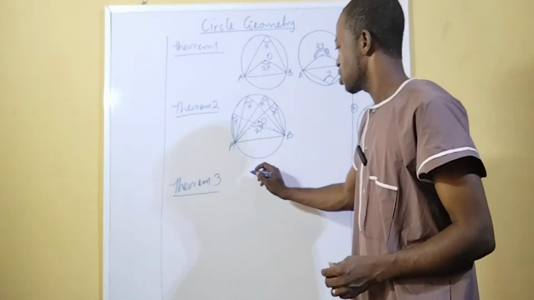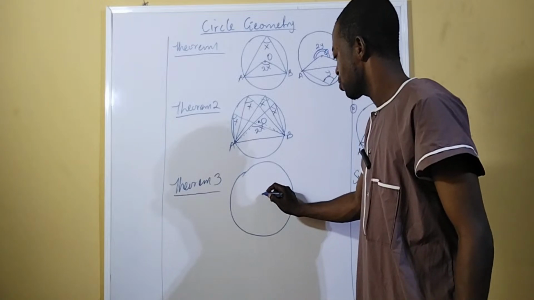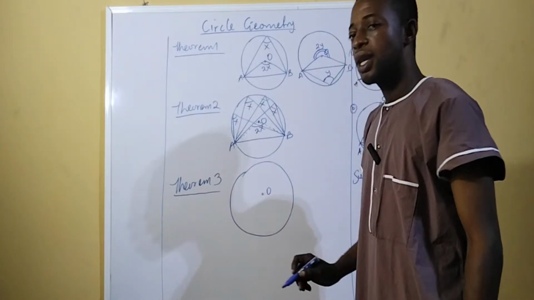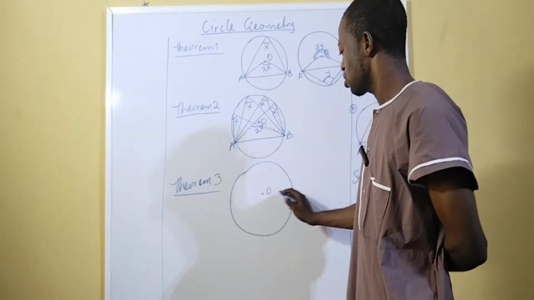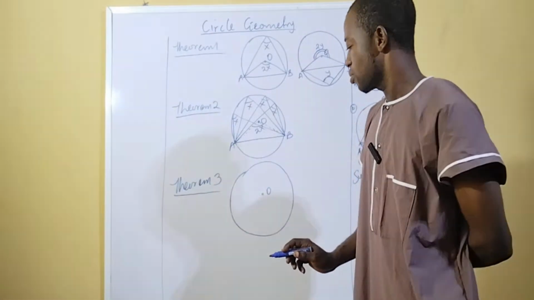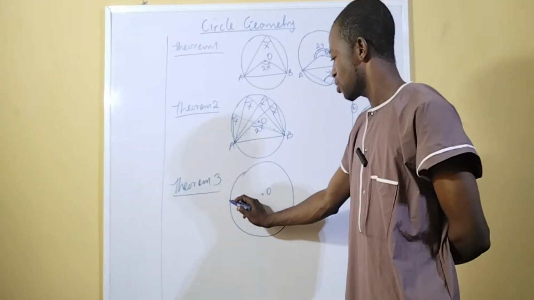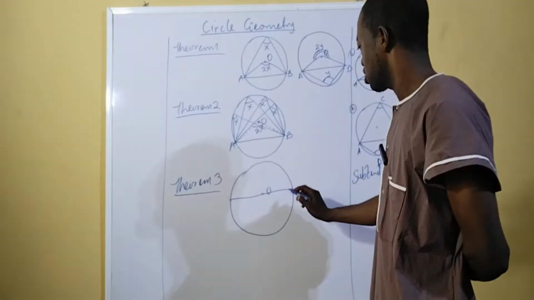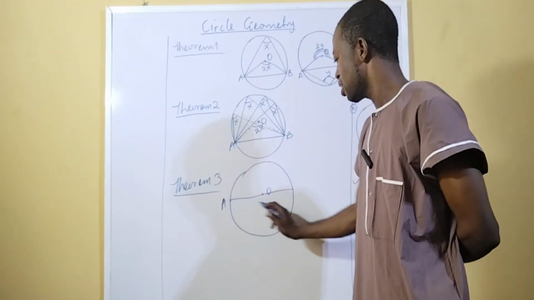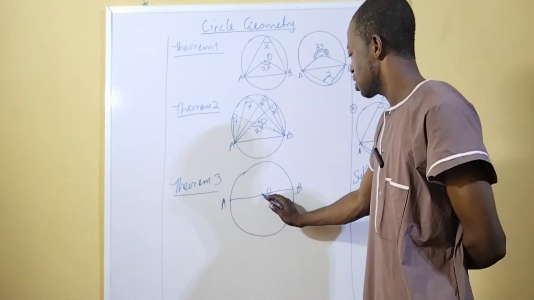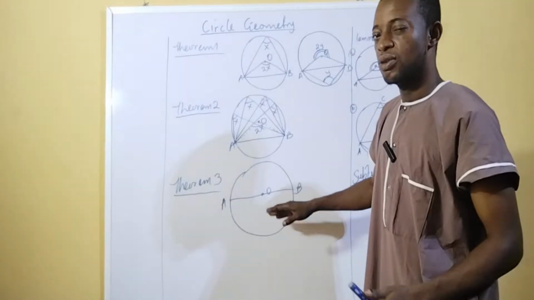When we have a circle with center O, a line that is drawn from that center to touch the circumference on both sides, that line is called a diameter. We have this line AB here is a diameter. It divides this circle into two. We have two parts now, which are semicircles.